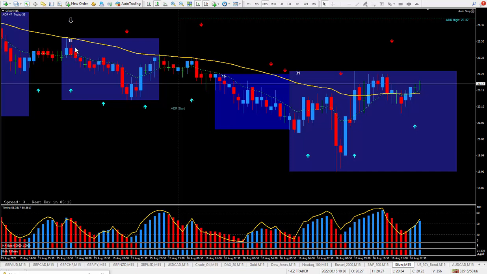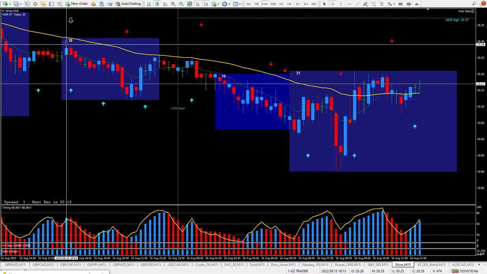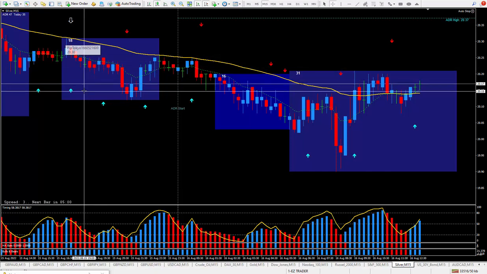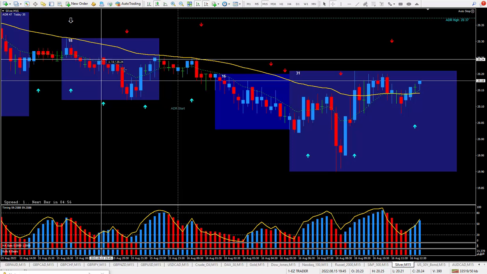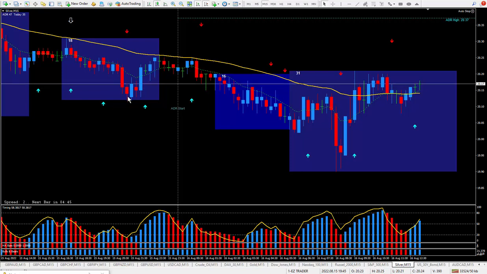Want to sell as close to the goal line as possible. So even if you're a little bit slow, let's say you get in over here. That still produced 12. Each tick is $50, so 12 times 50 is 60. So that, if you did one standard lot, would be $600, or one mini would be $60.